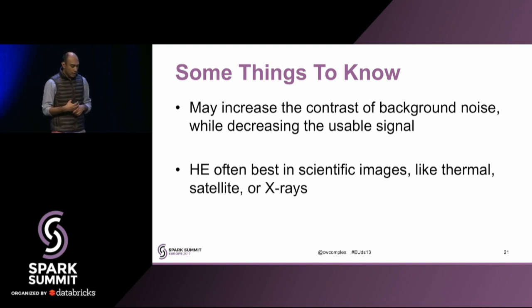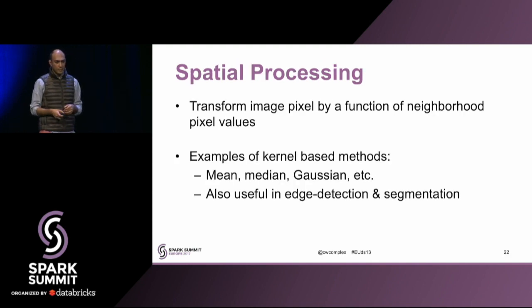And histogram equalization does well, or seems to do well, on scientific-like images, often images that are just one channel, thermal and X-ray images, for instance. And so this motivates the next and final part of this talk on spatial processing.